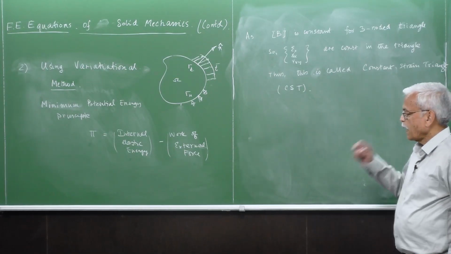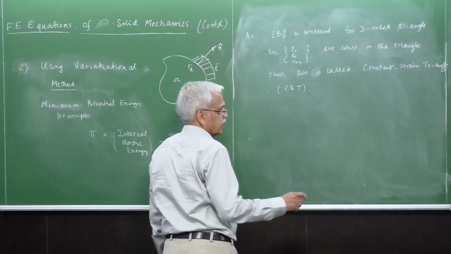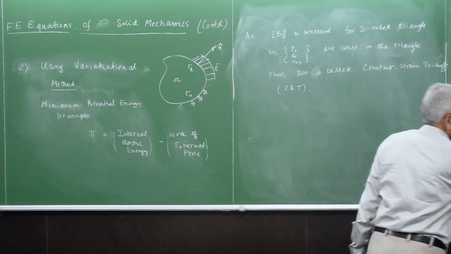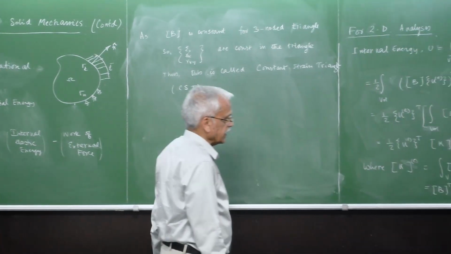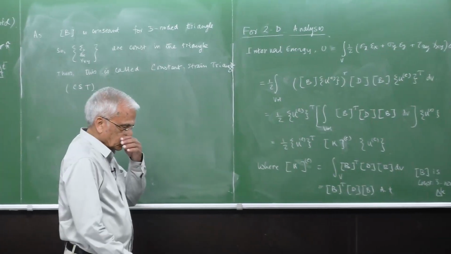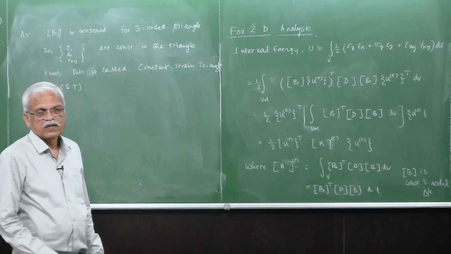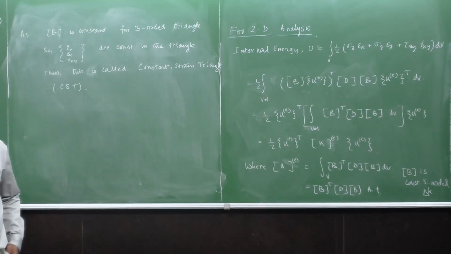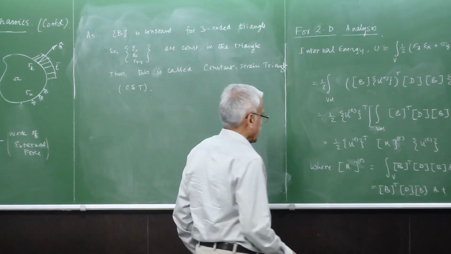Okay. So we have calculated now the stiffness matrix Ke as the integral of B transpose D B, but it turned out to be constant here, just multiplying with the area. Okay. So in fact, this is exactly the same as your earlier approach, the method of weighted residuals, where we had Kij.